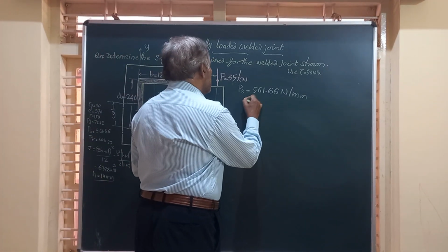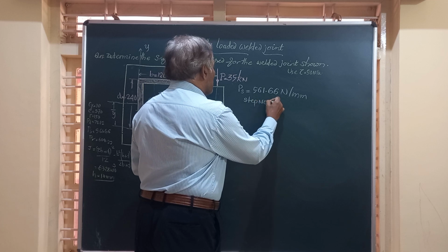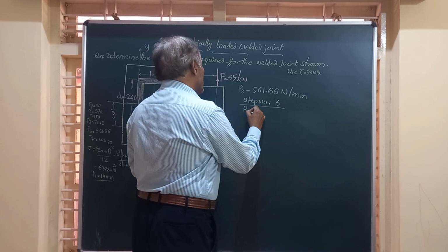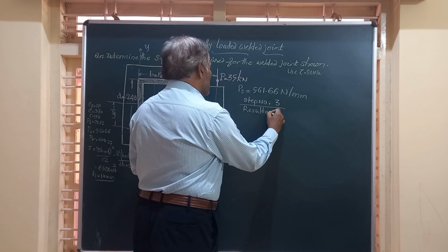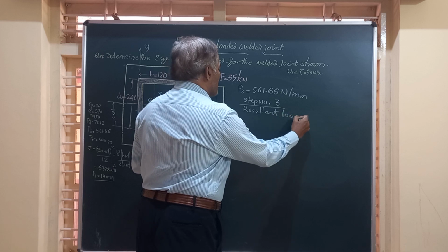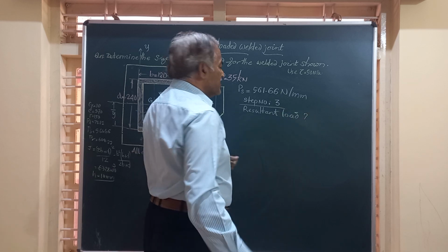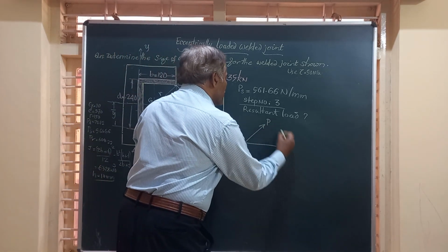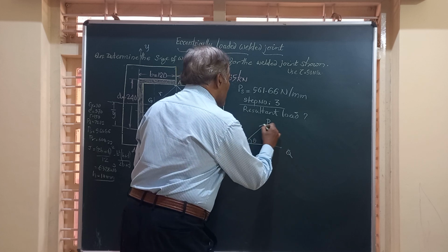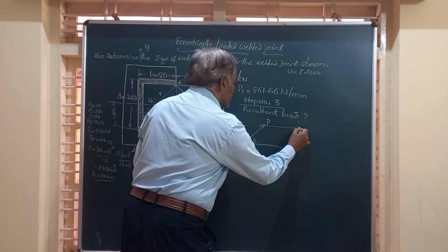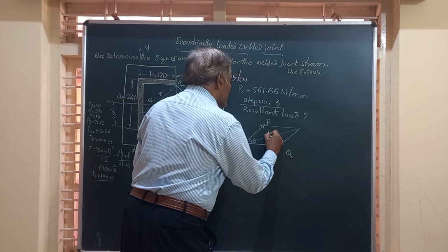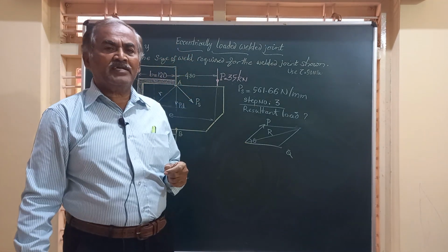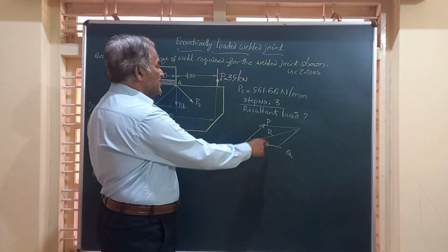Step number 3, we are going to calculate what is the resultant load. So, friends, if you have got two forces, P and Q, acting at an angle theta, you know the resultant of these two is given by the square root of P square plus Q square plus 2PQ cos theta, where theta is the angle between these two.